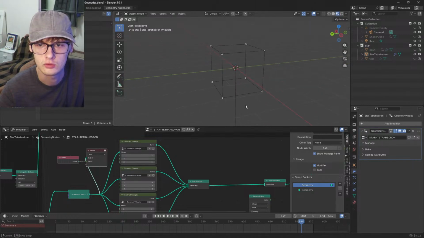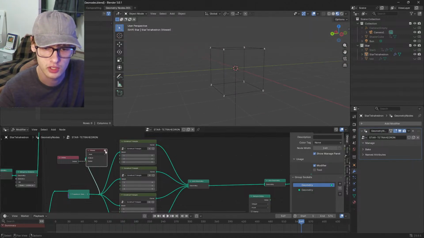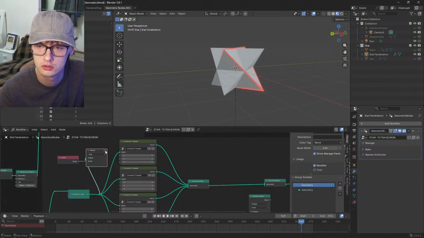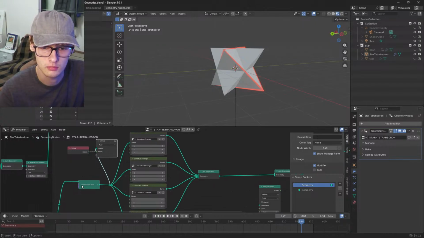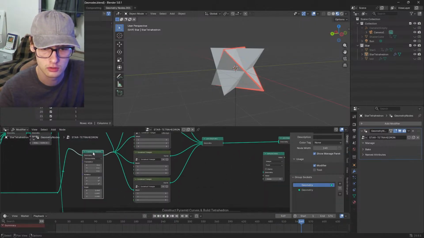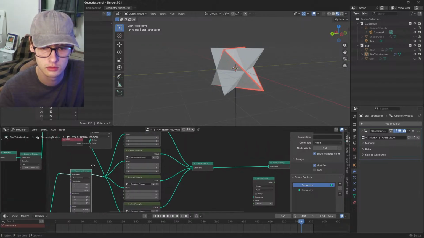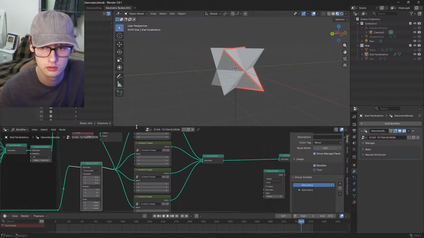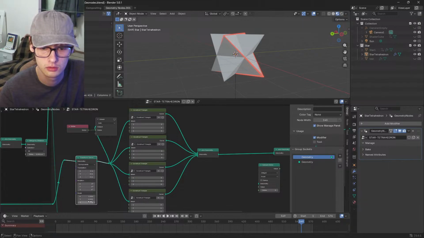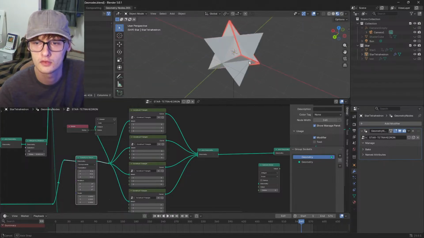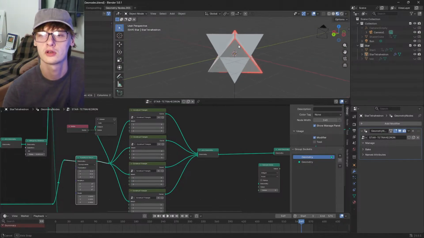So this is a reference cube, for lack of a better word. In fact, maybe I should rotate it here. Now I need to rotate all of it.